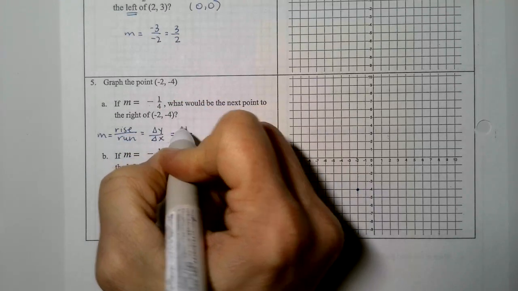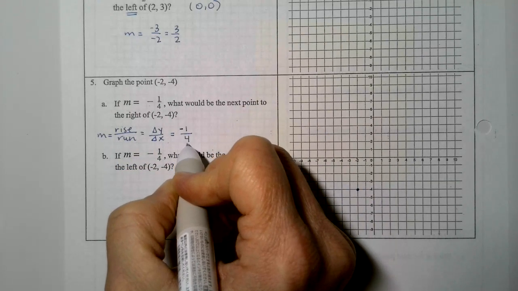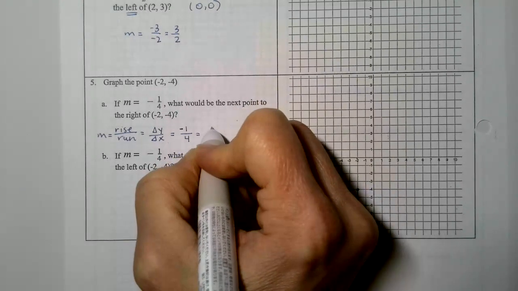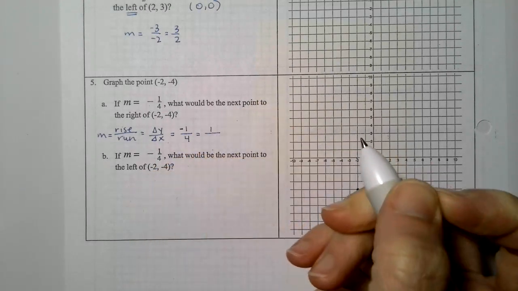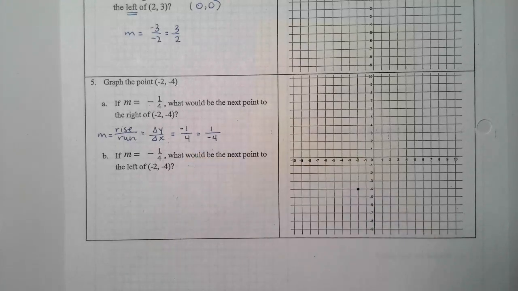So that negative could mean that our change in y is -1, so down 1, and this would be to the right 4, or we can have the change in y be +1 and our change in x would be negative.